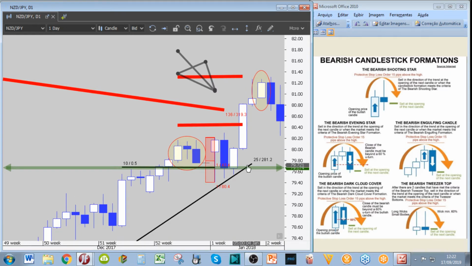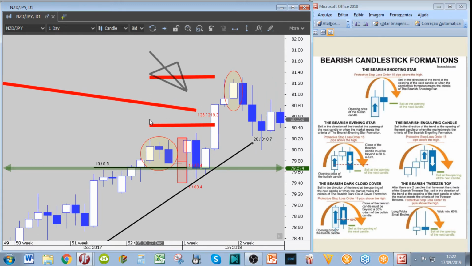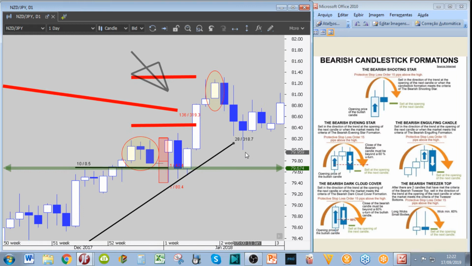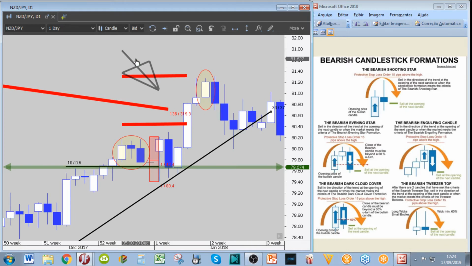Let's see, our counter trendline is here. We're going to wait for 1 more, 2 more. Let's see the market. Okay, the market's moving sideways. Bam, another bearish engulfing candle.